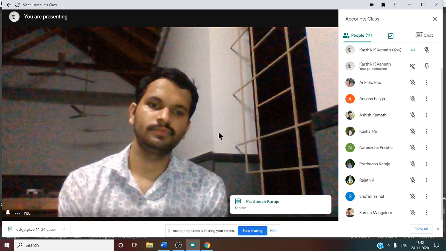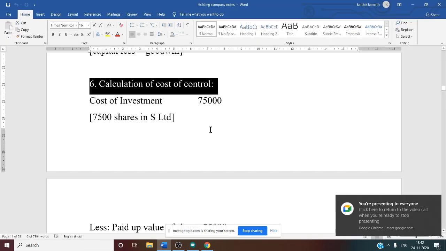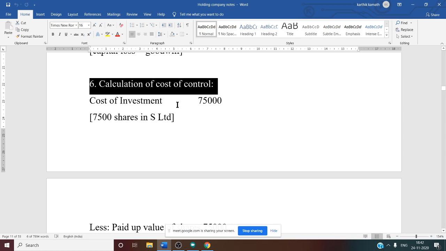Okay. So till now we have discussed these few working notes. After knowing majority and minority, the next thing we have to do is the calculation of the cost of control. Cost of control is nothing but goodwill.